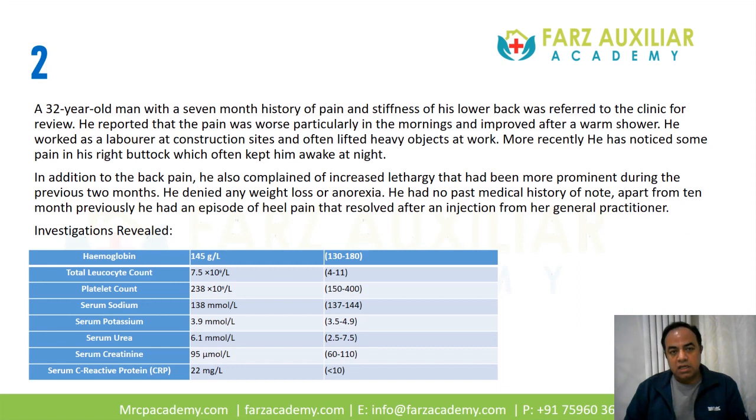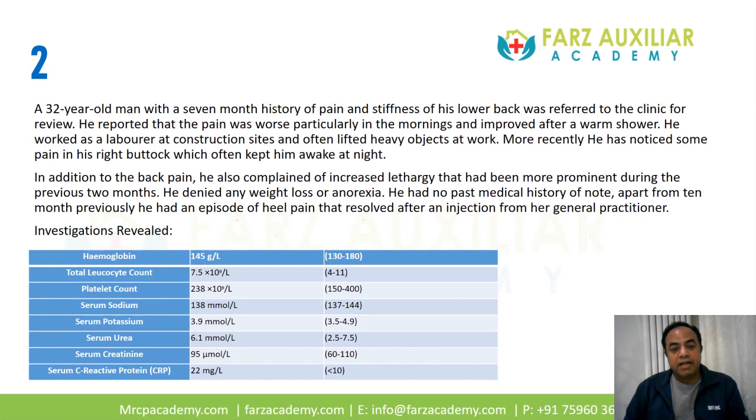He worked as a laborer at a construction site and often lifted heavy objects at work. More recently, he has noticed some pain in his right buttock, which often kept him awake at night. In addition to the back pain, he also complained of increased lethargy, tiredness that had been more prominent during the previous 2 months. He denied any weight loss or anorexia.